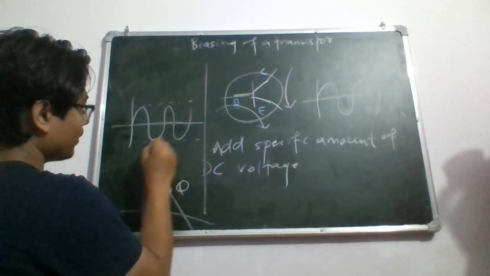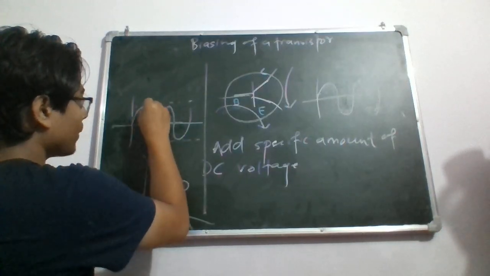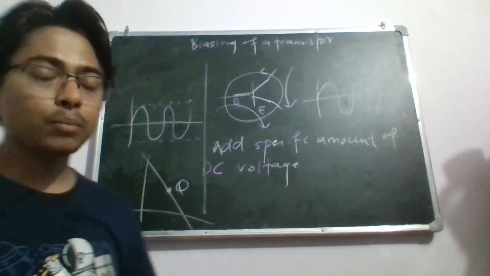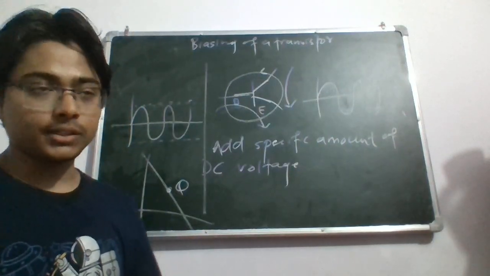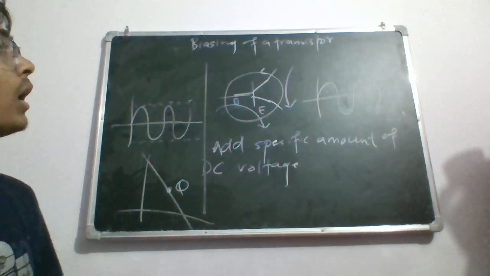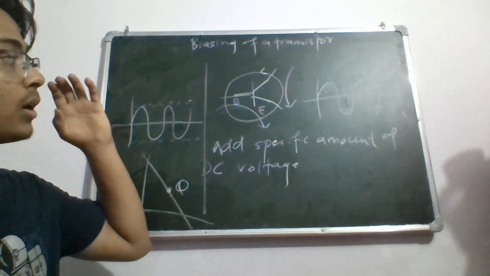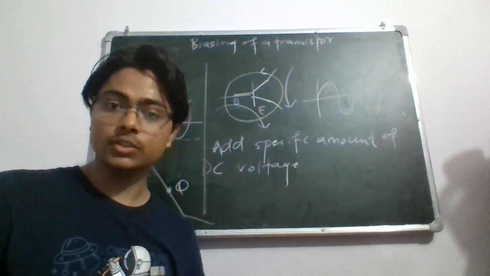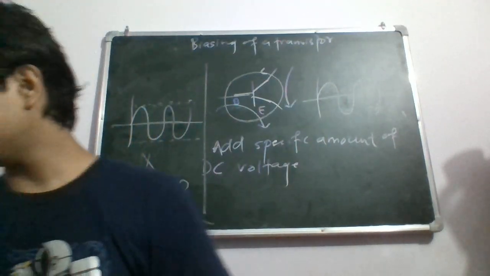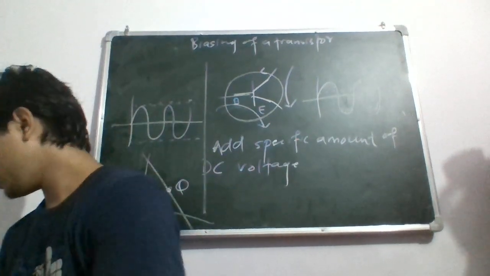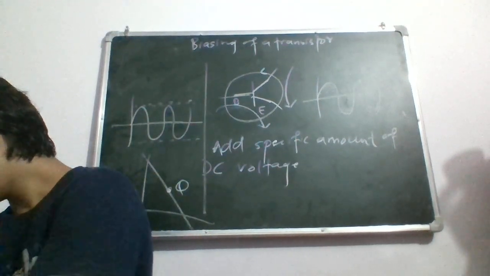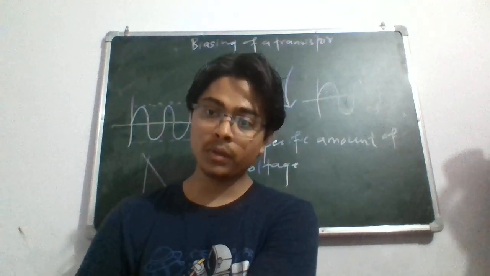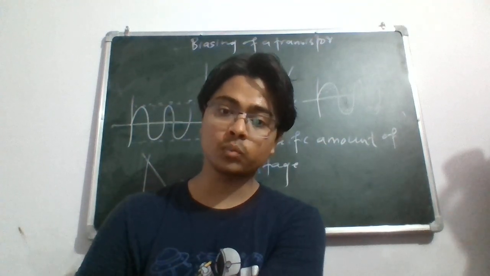That means the limits or the boundaries become maximum enough to let all this input signal pass through the transistor. So this is one of the main reasons why biasing of a transistor is done. Now, there are a lot of ways to do biasing of a transistor. Let's see all of them one by one.